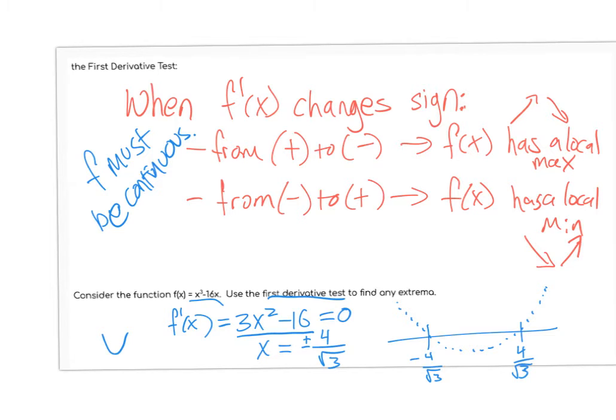What that means is that at negative 4 over the square root of 3, f prime changes from positive to negative. And here, f prime goes from negative to positive.